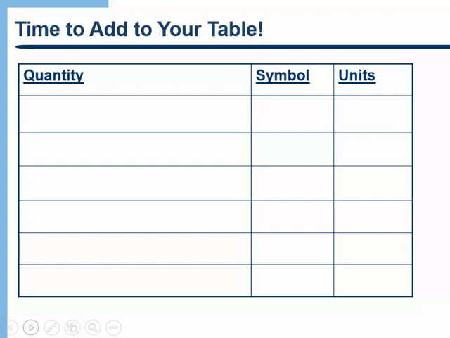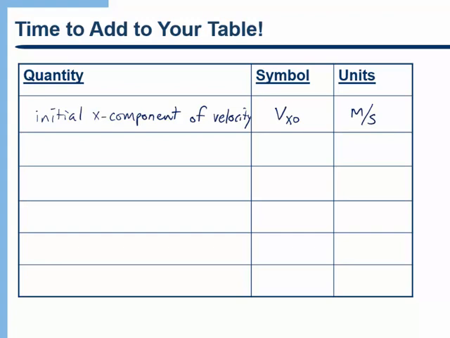So for example, you now might want to add initial x component of velocity and write that as vx naught, and then of course it's still meters per second, and fill in all the other variables that make up these kinematic equations for projectile motion.